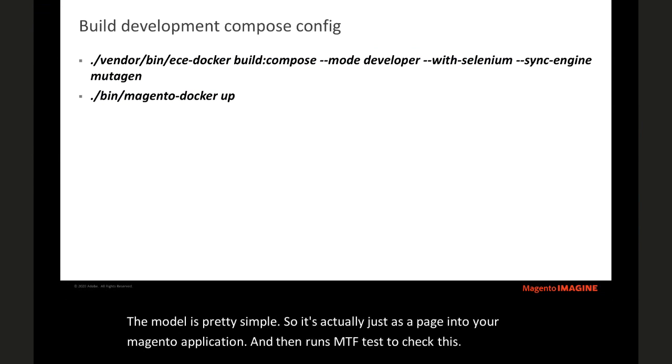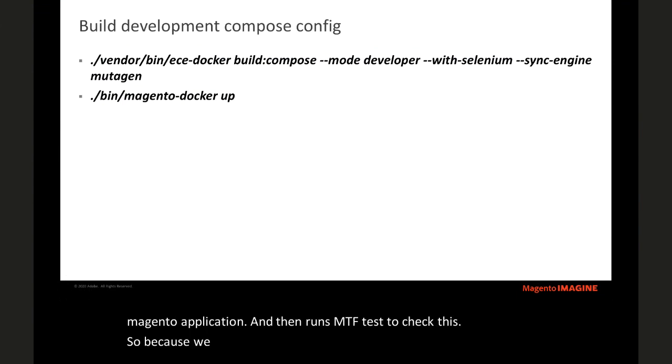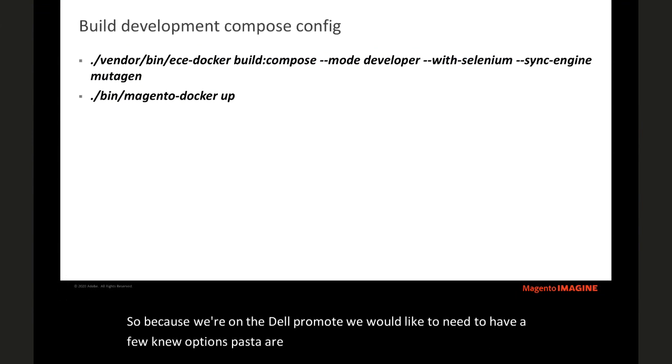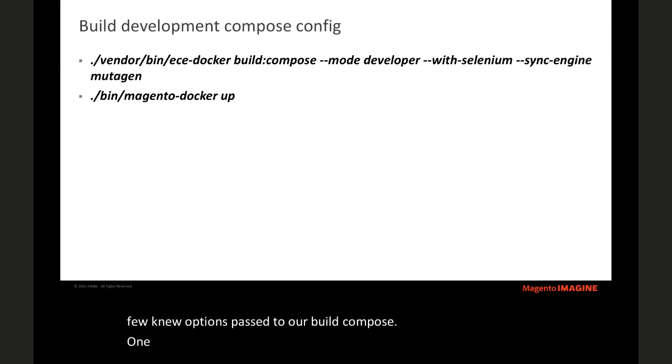Because we are running in developer mode, we need to pass a few new options to our build compose. One is the mode, called developer, one is the vSelenium, as we discussed before, and the sync engine. For the sync engine, I'm currently using Mutagen.